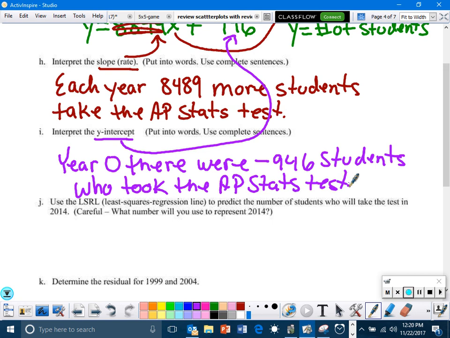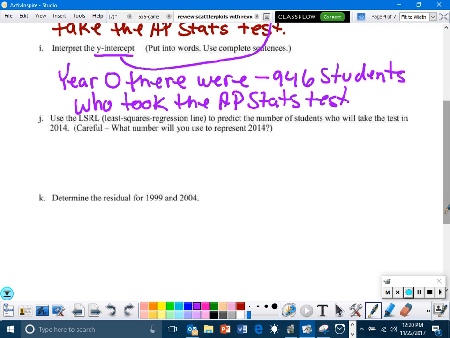Well, obviously, that's impossible. So this is a y-intercept that does not make sense. Okay, the first one did, but this one does not. Okay, truthfully, in year 0, there were 0 students who took the test. Okay, but according to our equation, that's what that is.